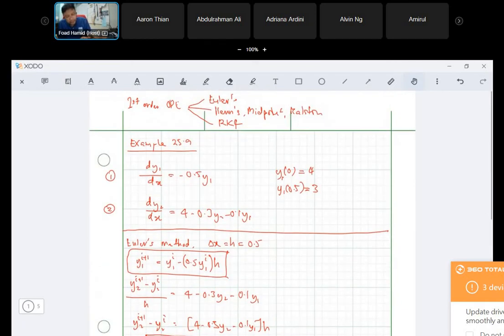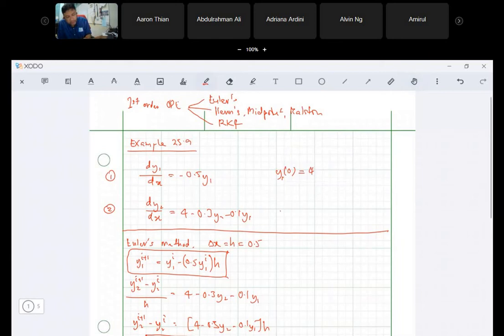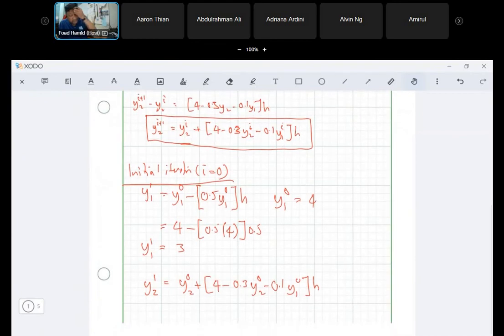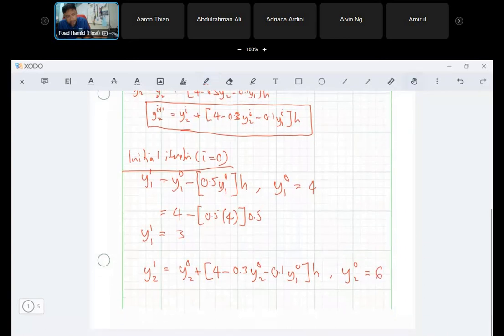Sorry, my boundary condition should be, if you look at your textbook, I made a mistake here. y2 0 is equal to 6.